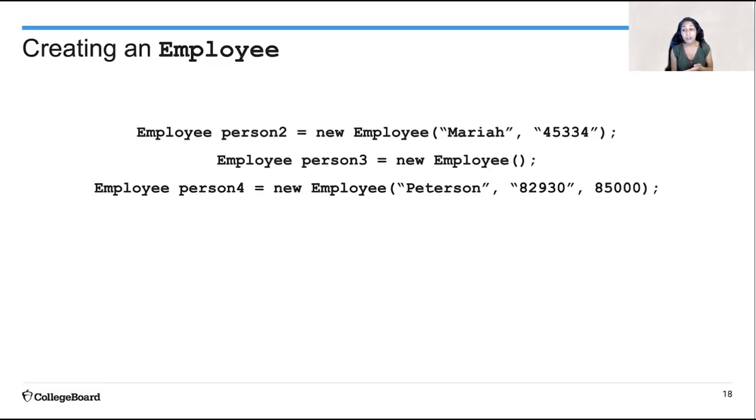Person3 is using the default constructor, or no-argument constructor, so this employee is going to have all default values. And then I have person4 that's going to use that second constructor that has 3 parameters, which will set a name, an employee ID, and a pay according to what's passed to the constructor.